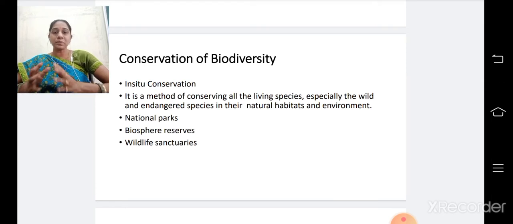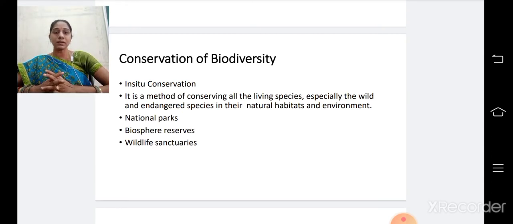If we go to some places, there is a lot of biodiversity. So what do we do? We construct a national park, biosphere reserve or wildlife sanctuary, so that the plants and animals can be conserved in their own natural habitats. What are national parks? These are large areas that protect not only wildlife but also the environment.